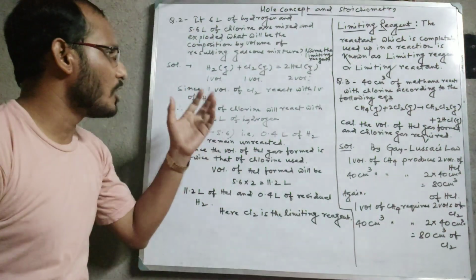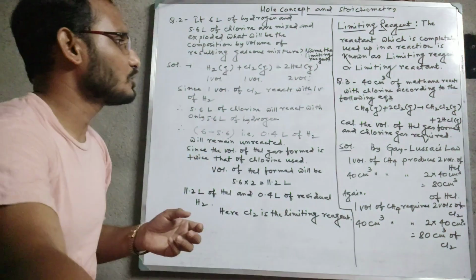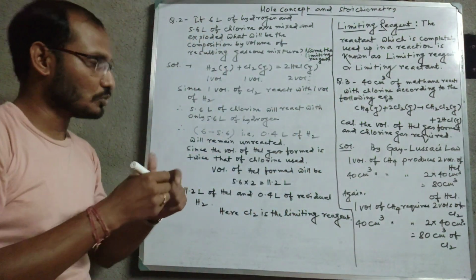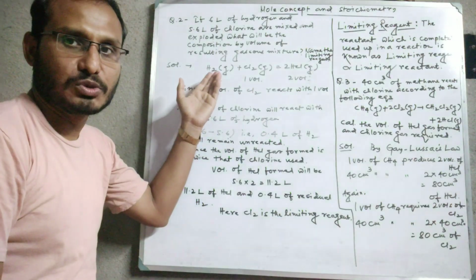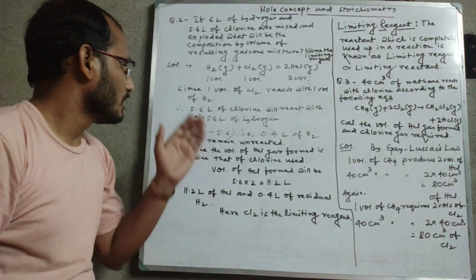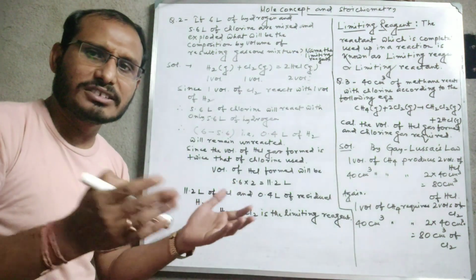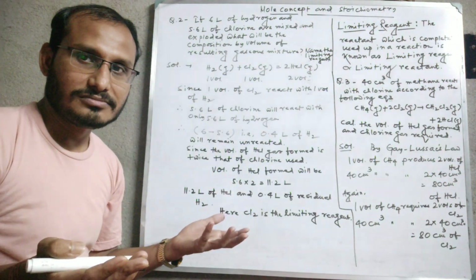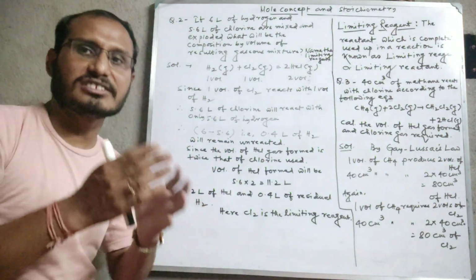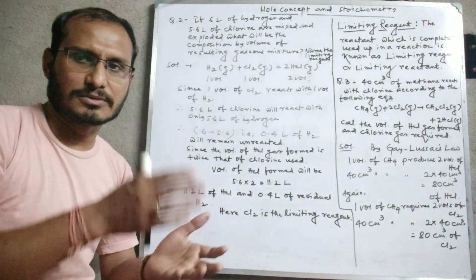Here 1 volume of H2 reacts with 1 volume of Cl2, and they will form 2 volumes of HCl. So 5.6 liter of chlorine will react with 5.6 liter of hydrogen, and vice versa.